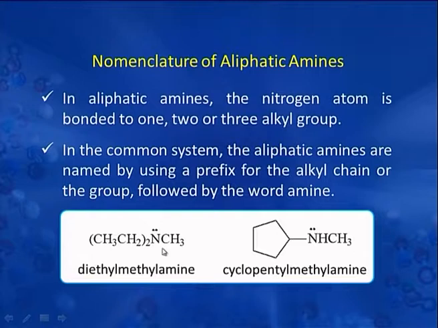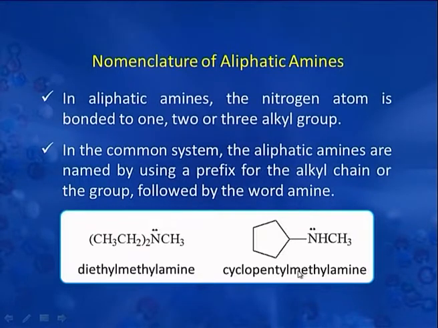In this particular example, you can see that nitrogen is attached to one methyl group and two ethyl groups, and that is why the name of the molecule is diethyl methylamine. In this particular case, this nitrogen function is attached to one methyl group and the other is a cyclopentyl group. Hence, the name of the molecule is cyclopentyl methylamine.